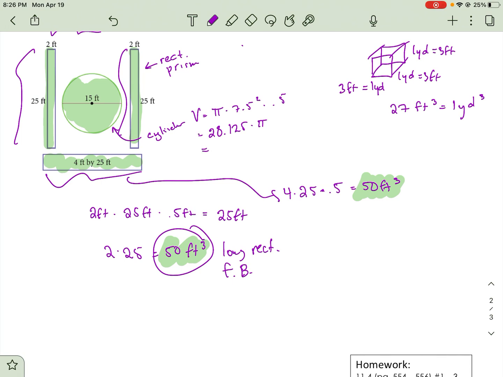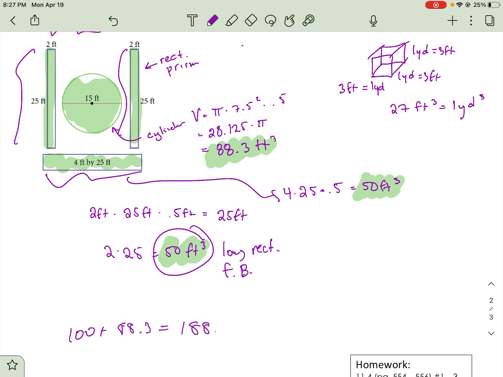And for this problem, we're going to multiply 28.125 by pi, because if you go to Lowe's or Home Depot and tell them that you need 28.125 pi cubic feet of mulch, the person there probably will have no idea what you're talking about. So multiply that by pi, and that gives you 88.3 cubic feet.